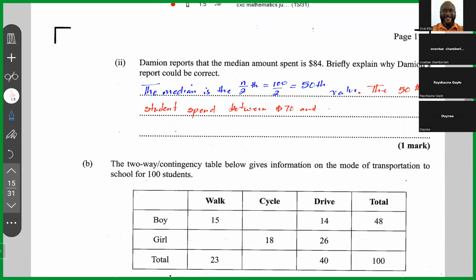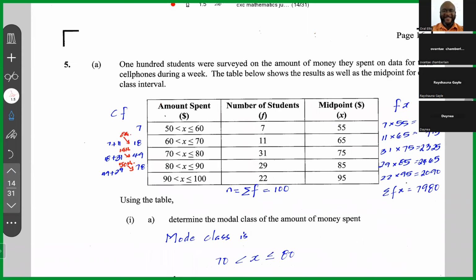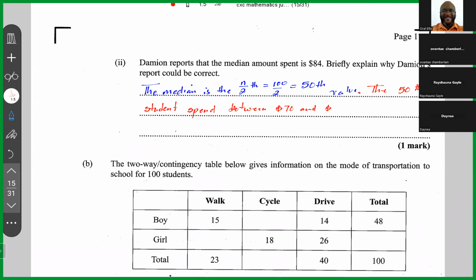That's the class the 50th student falls in. Sorry, that's not true. Spends between $80 and $90 on data.